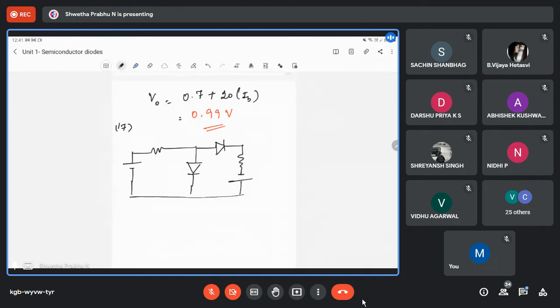So this is the given circuit. This is 2.5K. This is 1.5 volts. This is silicon diode. This is also silicon diode.